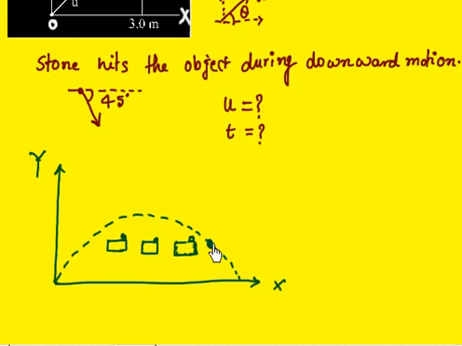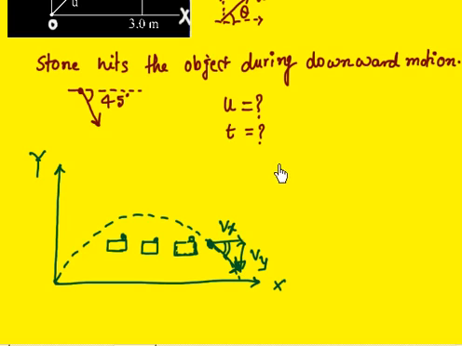At this point it is moving in this direction. So let us say the stone is coming here and hitting. This is the velocity of the stone, and the question says the velocity of the stone makes an angle of 45 degrees with the horizontal. So this is Vy and this is Vx.